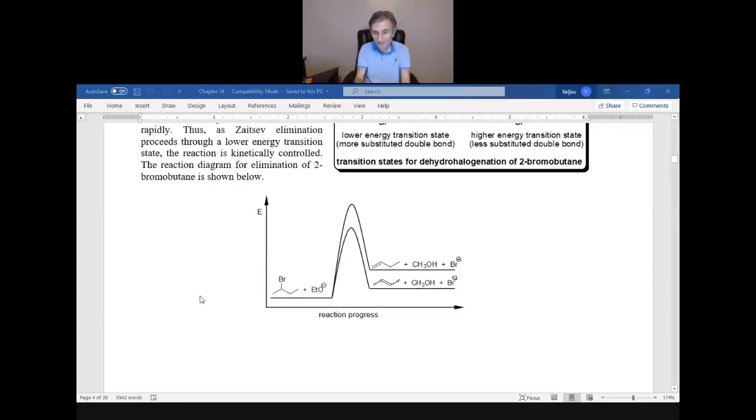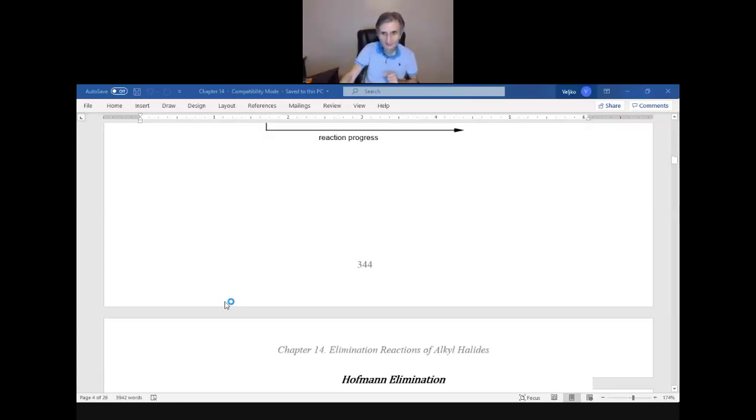But while the same product is both kinetically and thermodynamically favored, and consideration of either kinetics or thermodynamics will give you the same prediction, this reaction is kinetically controlled. So the product that forms faster is the one that is the major product. Eliminations are kinetically controlled.